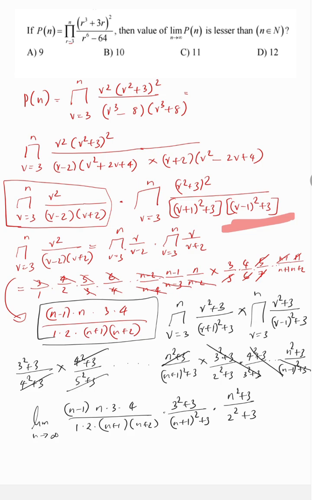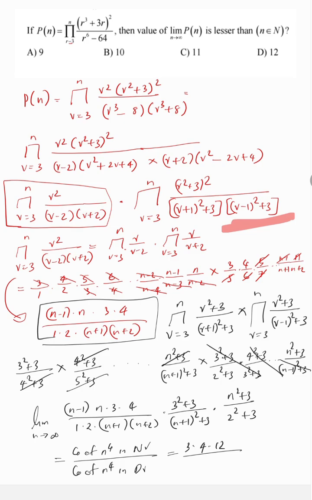And it is clear that the degree of numerator will be 4 and the degree of denominator will be 4 again. So the limit will be the coefficient of n power 4 in the numerator divided by the coefficient of n power 4 in the denominator. So the coefficient of n power 4 in the numerator is 3 into 4 into 3 square plus 3, which is 9 plus 3, 12.